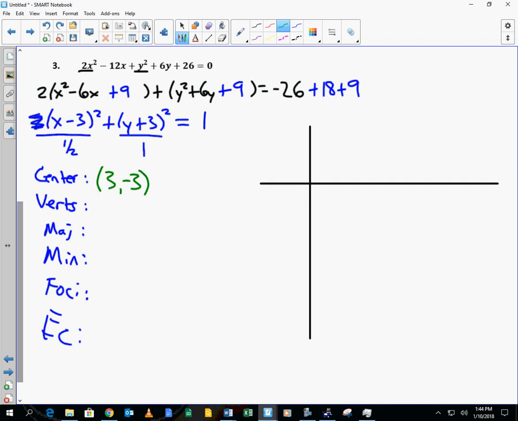I'm going to start sketching my ellipse. How many units do I go in the y direction? 1. How many units do I go in the x direction? What is the square root of 1/2?